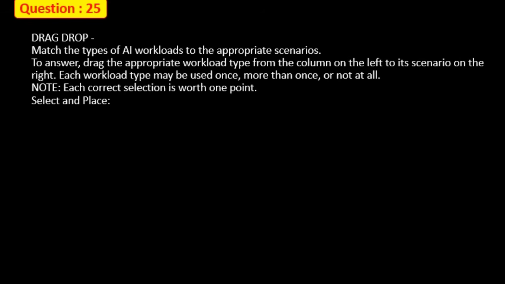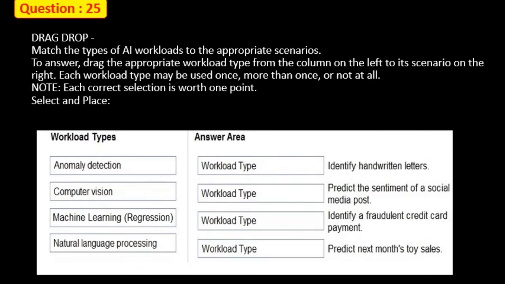Question number 25. This is a drag-drop type question. Match the types of AI workloads to the appropriate scenarios. To answer, drag the appropriate workload type from the column on the left to its scenario on the right. Each workload type may be used once, more than once, or not at all.